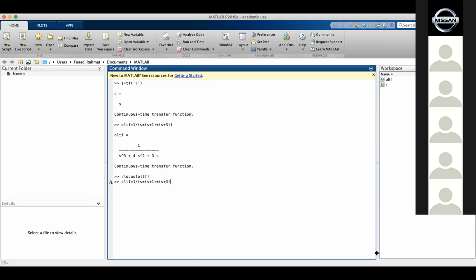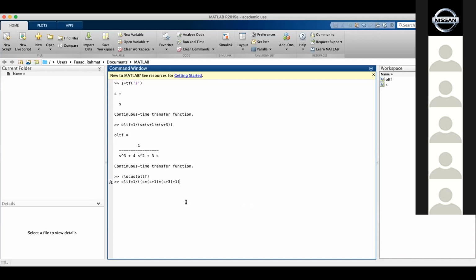Okay, then plus 1. Correct. Not enough brackets over here; there will be an extension, double bracket here. Okay, see?